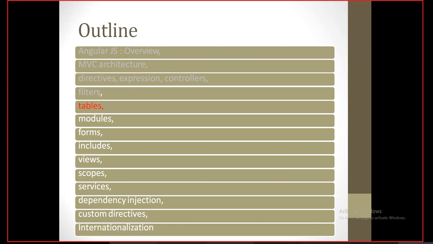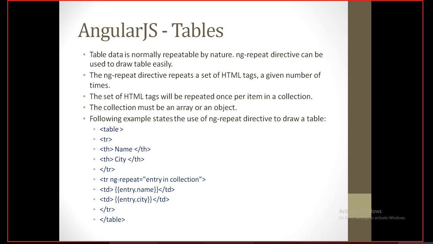Then moving ahead, how to create tables in AngularJS. Simply, we know for doing that we will require the ng-repeat directive. Whatever tags we use for table creation, all those tags will be included in the ng-repeat directive.